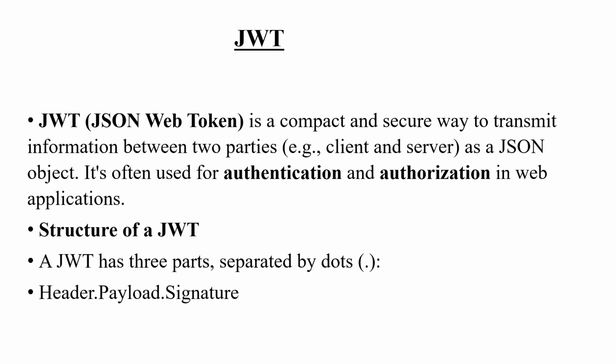So basically, what problem does JWT solve? Before JWT, systems often used session-based authentication, where user details were stored on the server. This caused some problems such as scalability issues. In this sense, the server had to store sessions for all users. Assuming we have 50 million users, you have to store 50 million sessions.